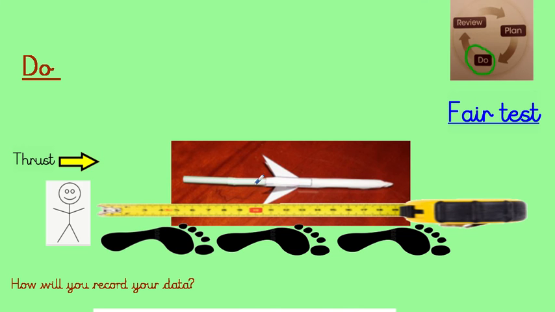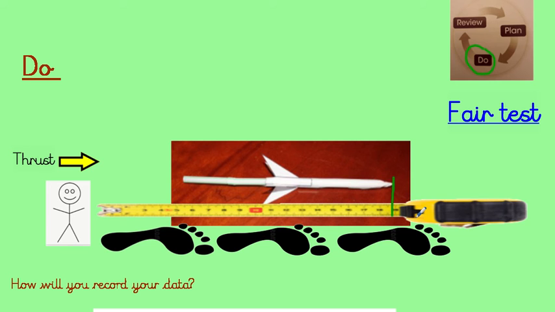You're going to need to measure then how far your rocket travels. And again, you can use a tape measure or you can use your feet to measure. When you're measuring, you're going to have to measure from where you're standing, so where your rocket started, to where it landed. And you find the cone on the end and measure it.